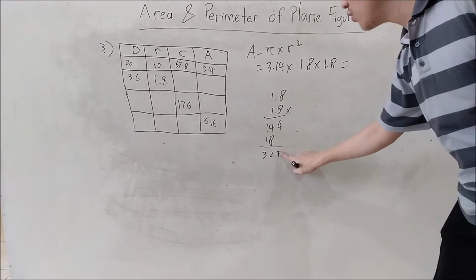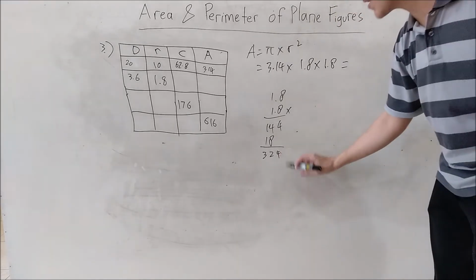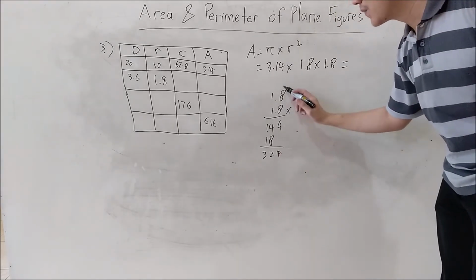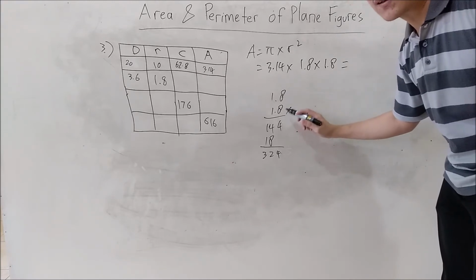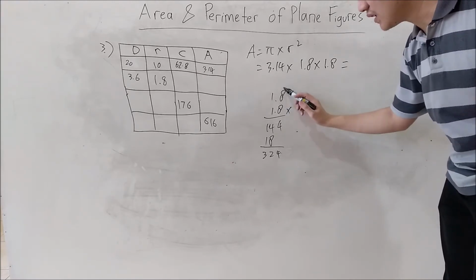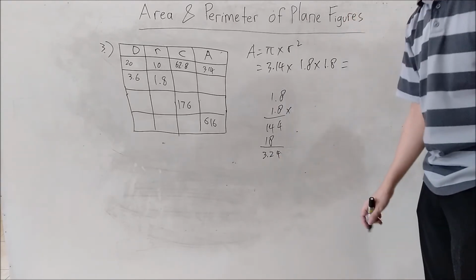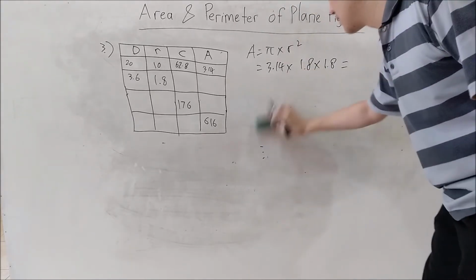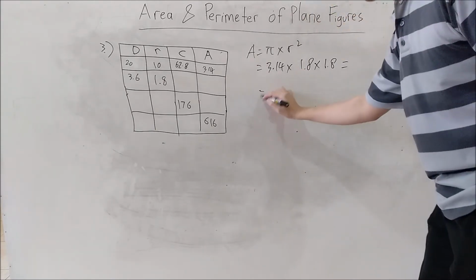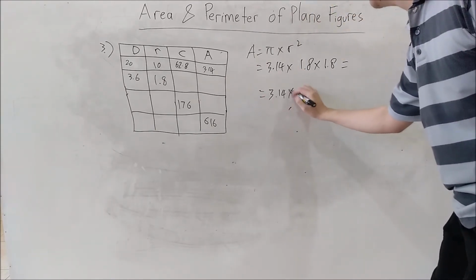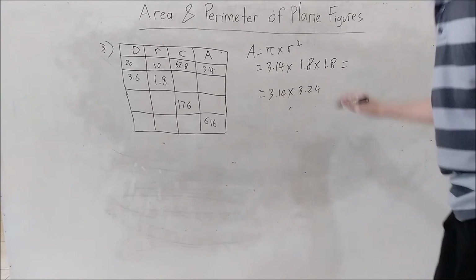And then when you get the result, what you will check is how many numbers are after the decimal point. In here I have 1 and 1, so I will put 2 decimal places, 3.24.